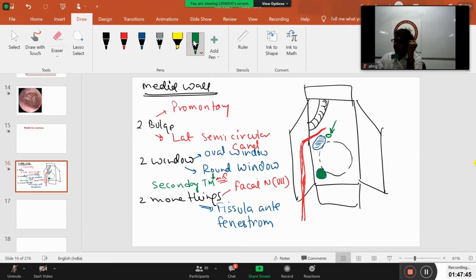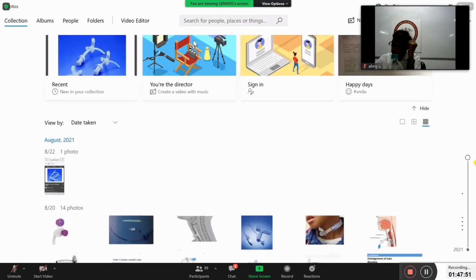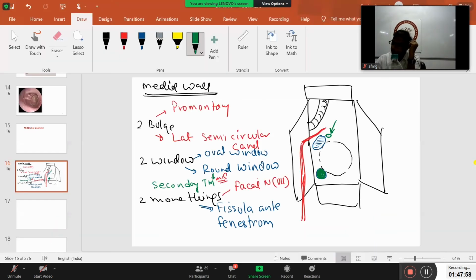What is the importance of fistula antefenestrum? Fistula antefenestrum is important because it is the most common site of otosclerosis. It is the most common site of a disease called otosclerosis. Otosclerosis is a very popular disease of ENT.